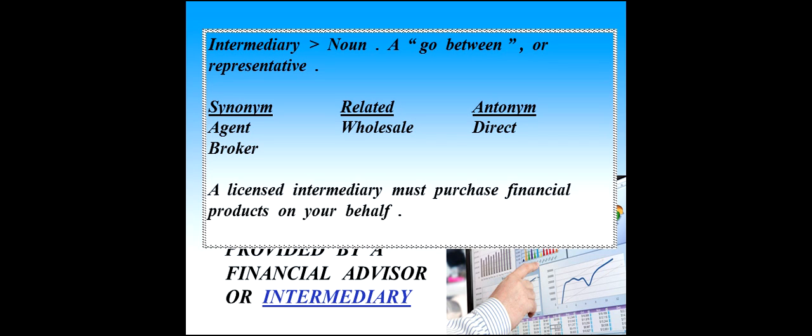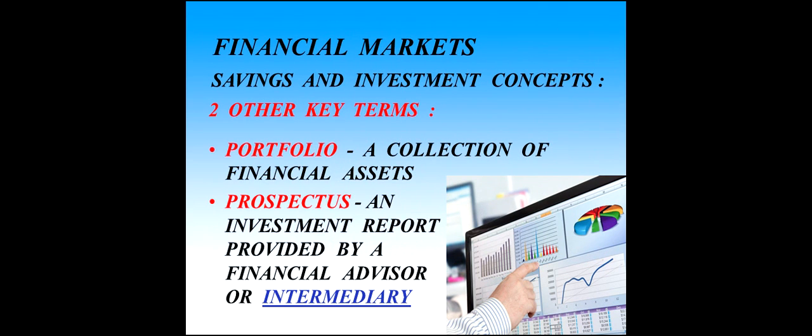A licensed intermediary must purchase financial products on your behalf. And that's a good point. To buy stocks and bonds, you need to go to a licensed broker to make those investments and open up an account with a brokerage firm. And the intermediary, the broker, will very likely provide you with a prospectus or investment report on the types of investments that you may want to consider putting your money into.